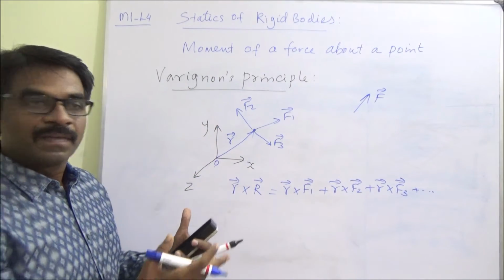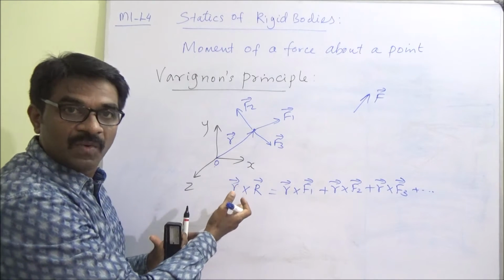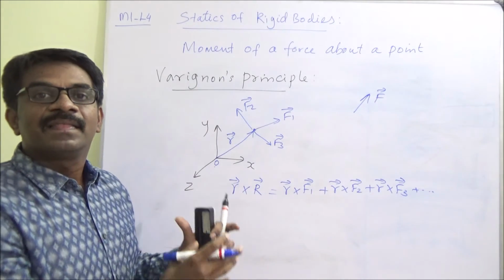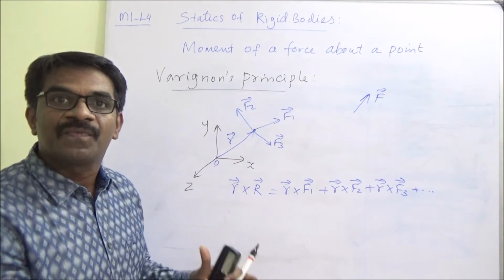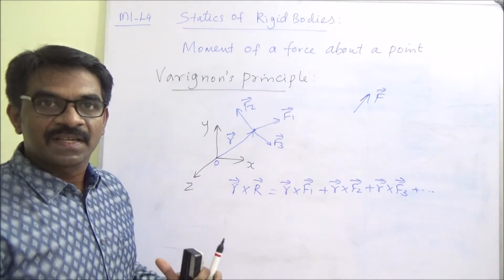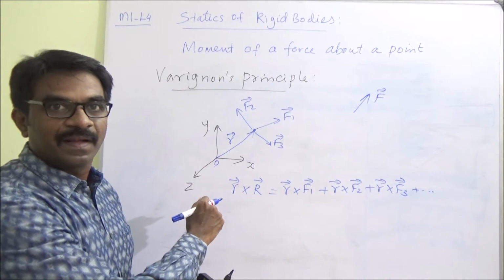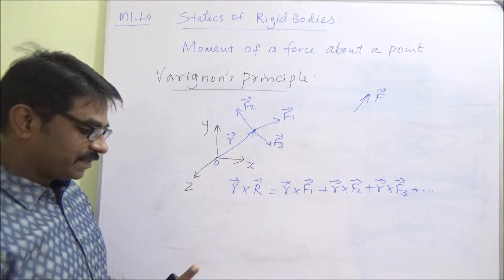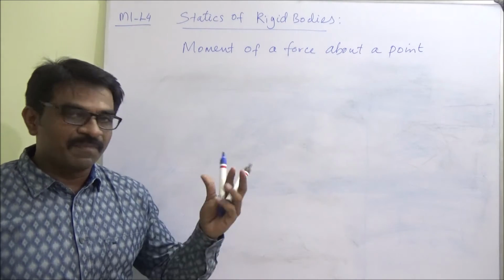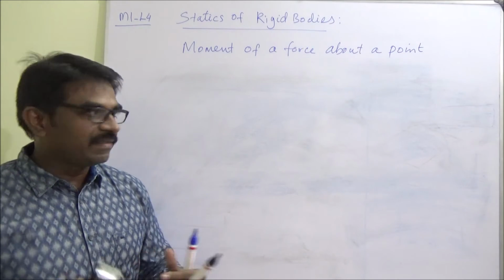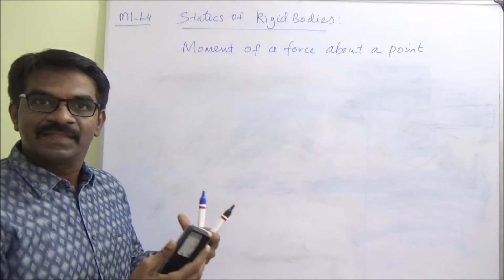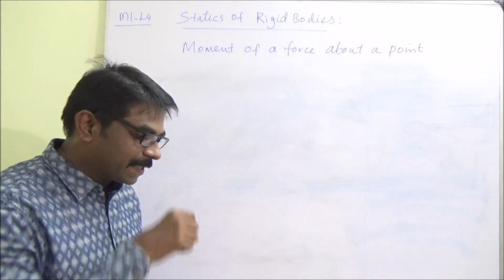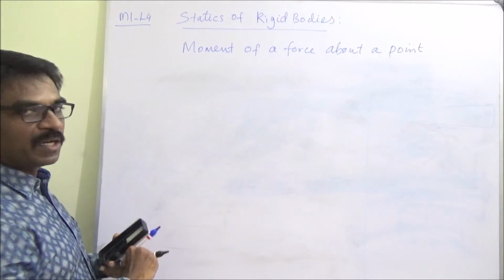So the moment of the resultant about a particular point O is equal to the summation of the moments of the component forces about the same point. So it can be applied to rectangular components as well. We will be extensively using the principle of transmissibility and the Varignon principle when we are dealing with moments, couples and so on. Now let us see the rectangular components of moment.